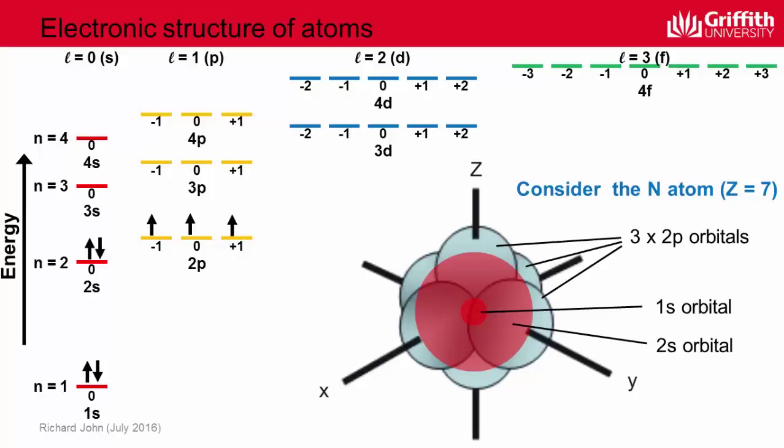Now, because electrons in the p orbitals tend to, on average, spend more time farther from the nucleus than the corresponding electrons in the 2s orbital, the electrons in the p orbital are said to be shielded and therefore are at a higher energy. And that's why the orbitals in the 2p subshell are slightly higher or raised relative to the orbital in the 2s subshell.